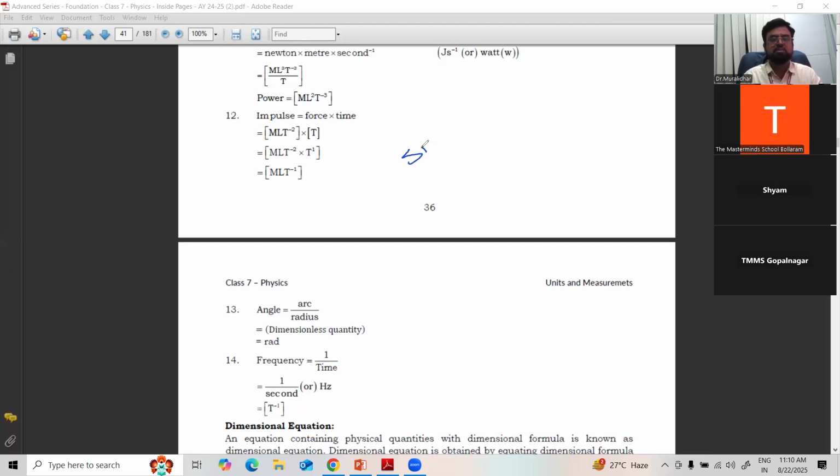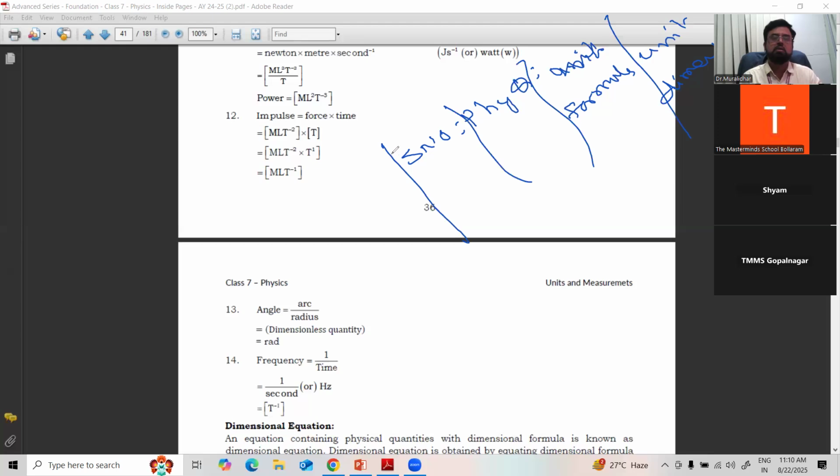Serial number, physical quantity, formula, then unit, and finally dimension formula. All these you can put on paper like a table. Like this table, you can write more than 100 physical quantities up to your standard.